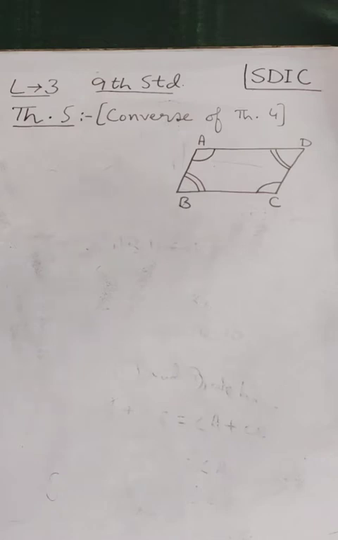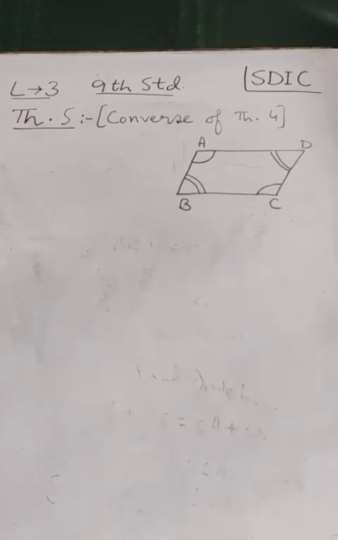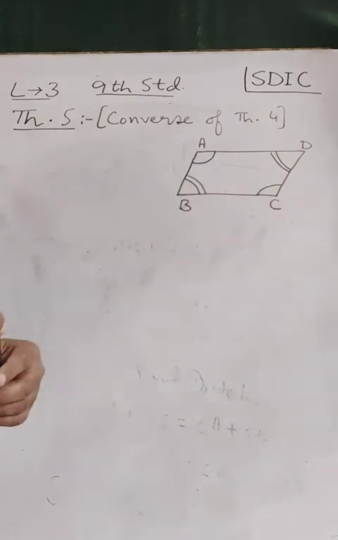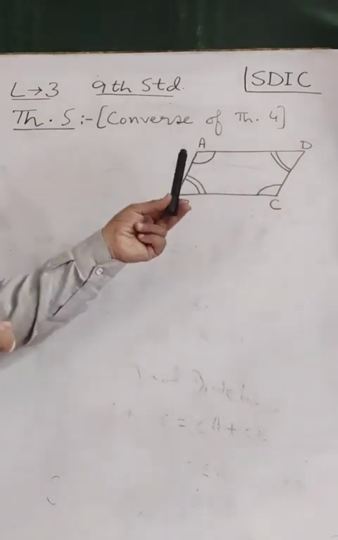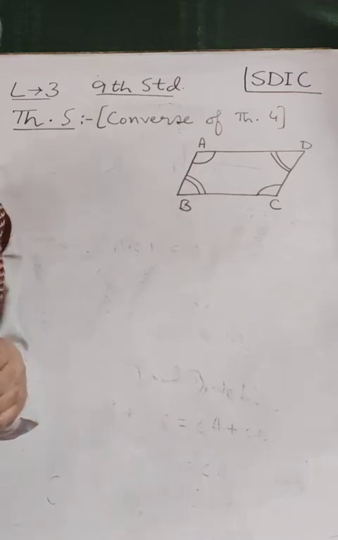Given: a quadrilateral ABCD in which angle A is equal to angle C and angle B is equal to angle D. Then you write to prove: ABCD is a parallelogram. We don't have any construction here. You go to the proof part of this now. Proof.